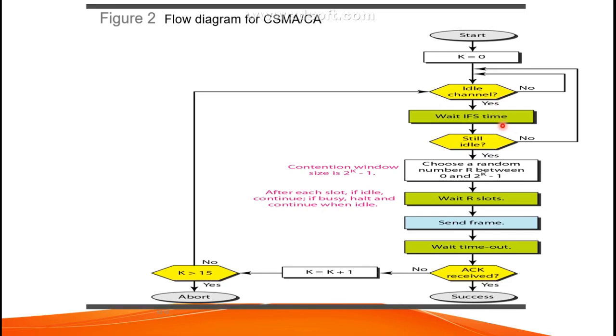After waiting IFS, again it is going to sense the channel. If it finds it idle, then as I already told, it is going to pick the number of slots from that contention window and wait for those R slots. And after waiting those R slots, it is going to send the frame and start the timer. If the acknowledgement is received before that timeout period, it means your transmission is a success. It is completely finished.